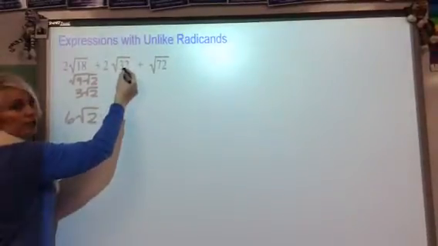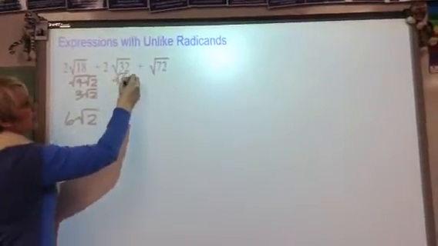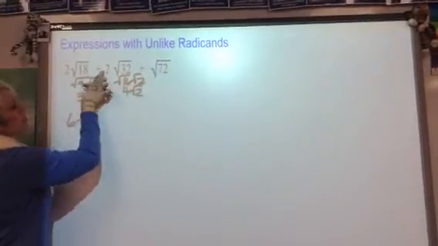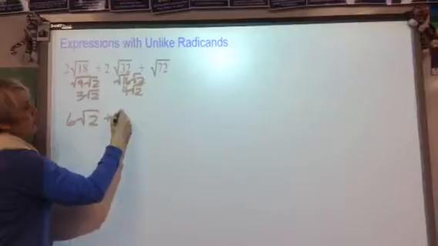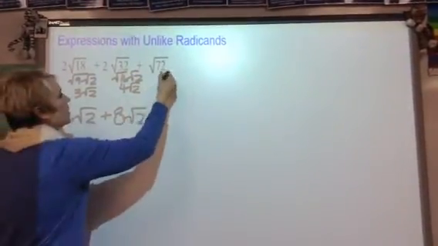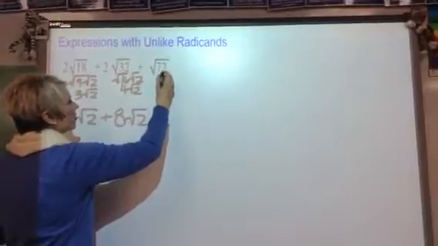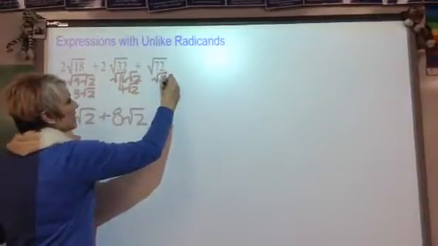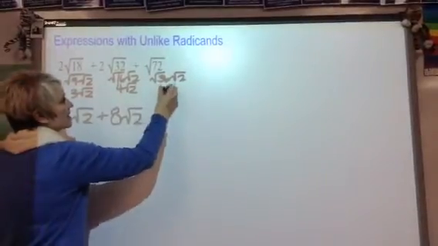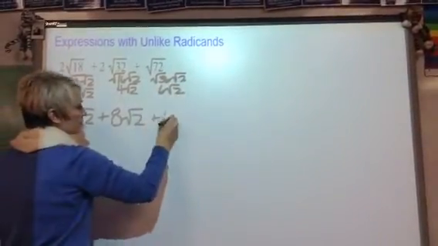Now radical 32 is radical 16 times radical 2, which is 4 radical 2. So this is 2 times 4, so that's plus 8 radical 2. Radical 72 is radical 36 times radical 2, which would be 6 radical 2.